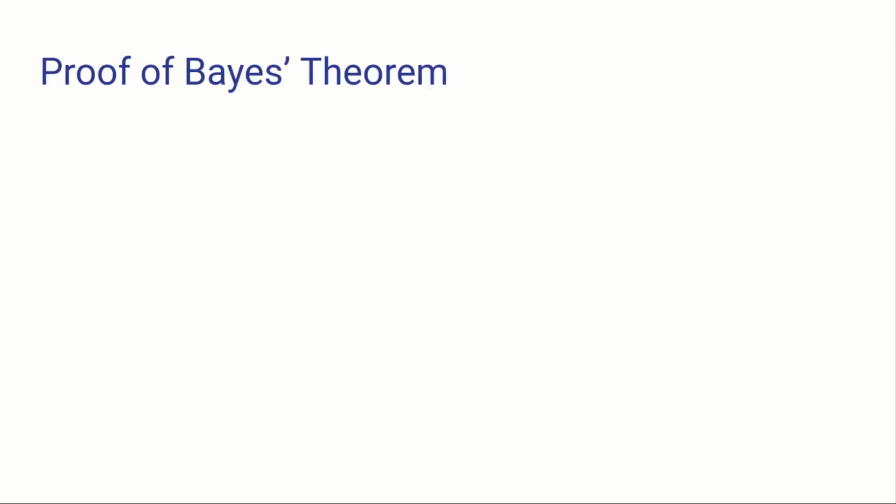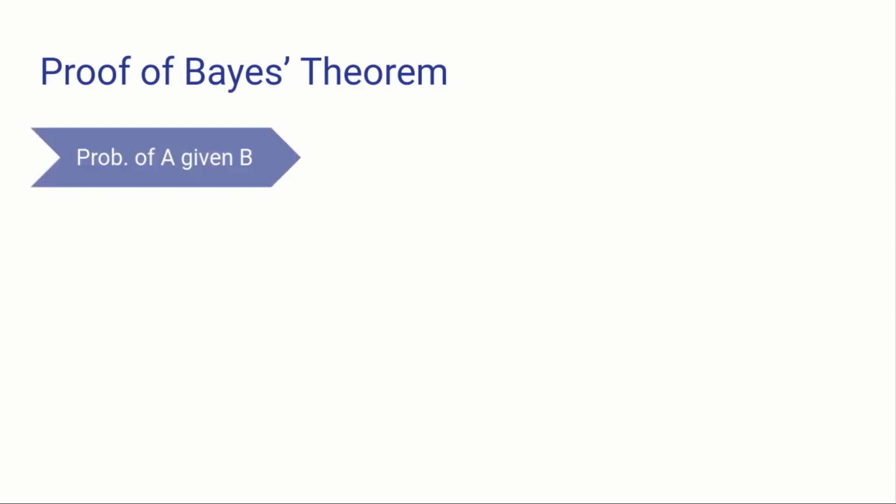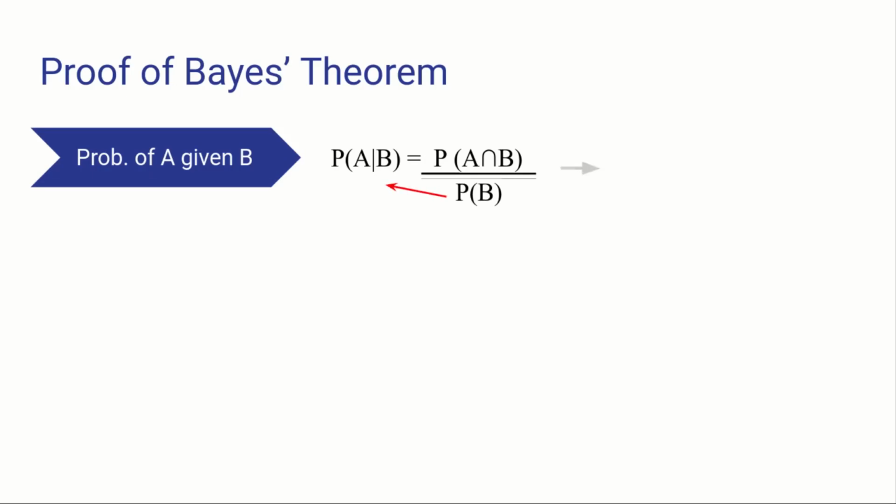This is not necessary to know, but I want to show you how to prove Bayes' theorem from this formula of the conditional probabilities that we have just seen. So the probability of A given B is the probability of A intersected with B divided by the probability of B. If we pass the denominator to the other side, multiplying, then we will arrive at this.